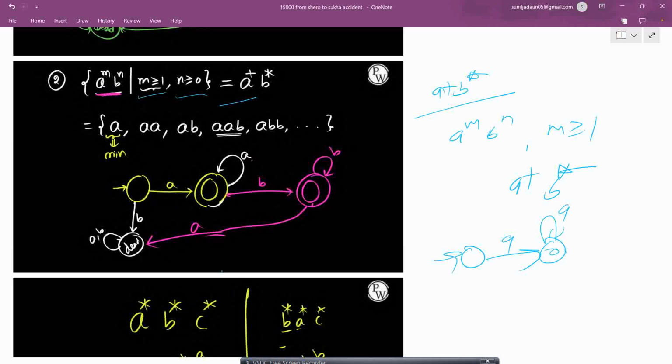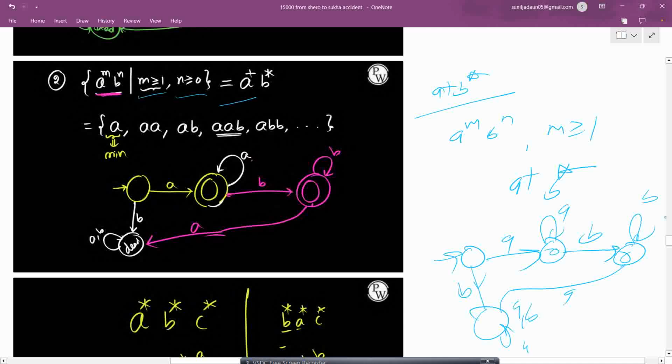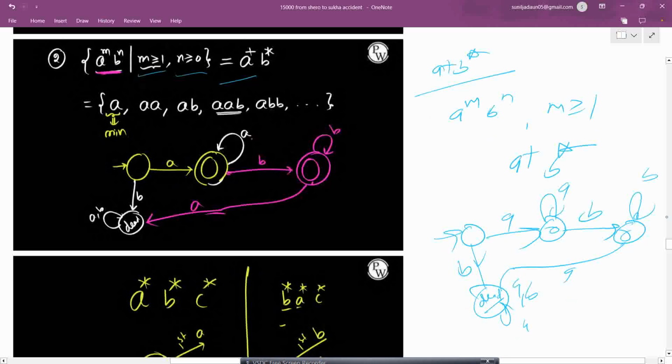If it is B, so what we will do is we go to, I think, next again final state. If it is B here we will stay at A. If it is A we will go to trap state A comma B, and if it is B here we will go here also, dead state, alright.